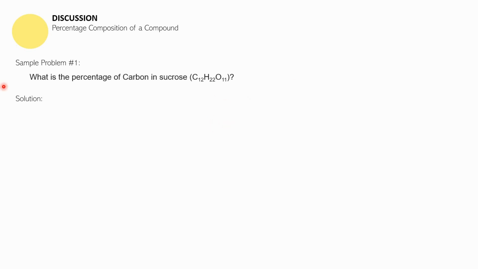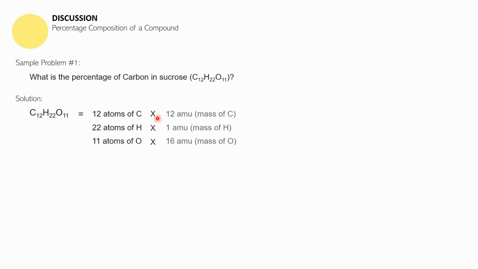For the first part of the solution, it's actually a familiar operation for you. It's solving for molar mass. You count the number of atoms for carbon, hydrogen, and oxygen. You know full well that you are going to refer to their subscripts, 12, 22, and 11 respectively, and then you're going to multiply that with their atomic masses, which in this case are 12, 1, and 16 for carbon, hydrogen, and oxygen respectively.